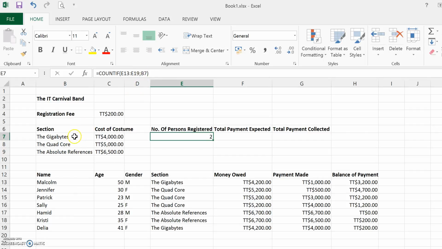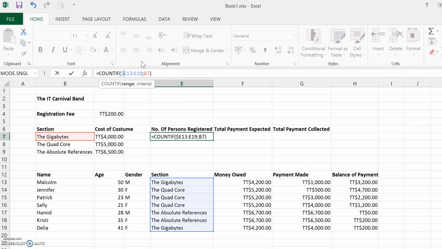However, I do not want the range E13 to E19 to change because this range E13 to E19 actually contains the registration data that I'm looking into to count out the number of persons in each section. So I'm going to use absolute references for the range of cells in this function.